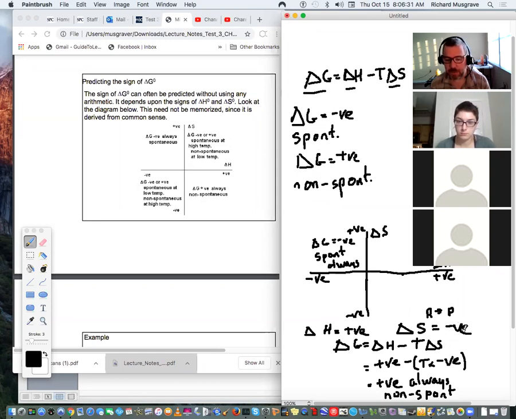So the entropy is decreasing, and that's not good either. So a combination of two things that aren't good is going to lead to this non-spontaneous process. So delta G down here is always going to be positive, and that means it's going to be non-spontaneous all the time.